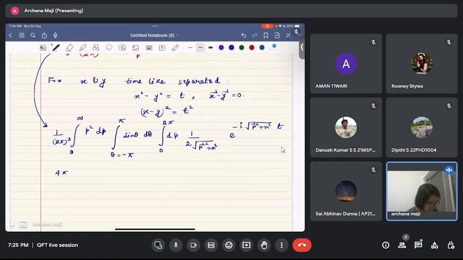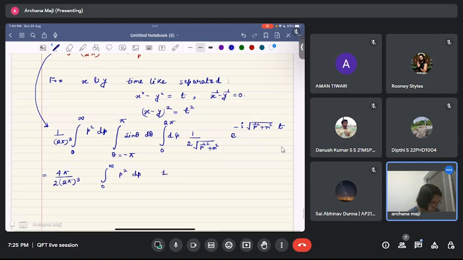4π outside, over (2π)^3, 0 to infinity, p^2 dp, 1 over, there is a 2 also, √(p^2 + m^2), e^(-iEt).